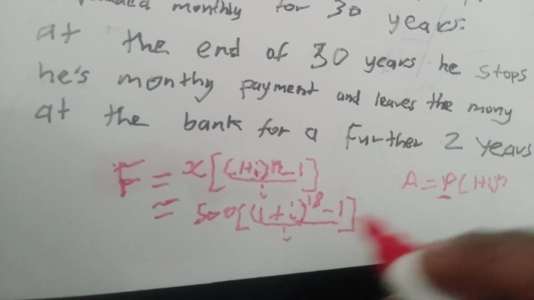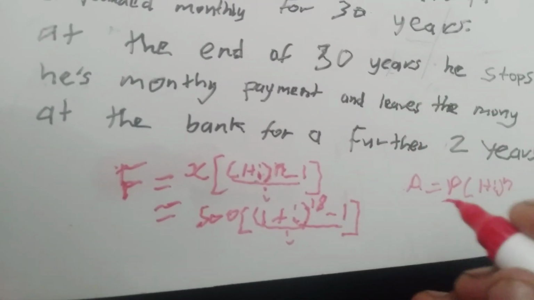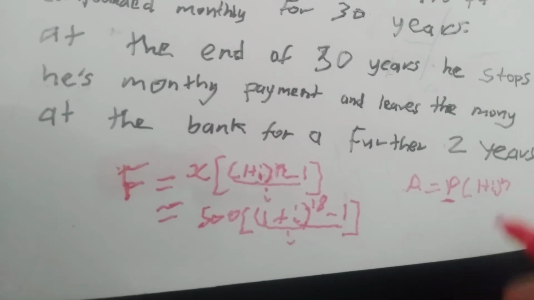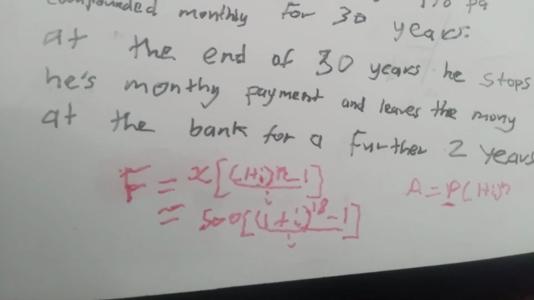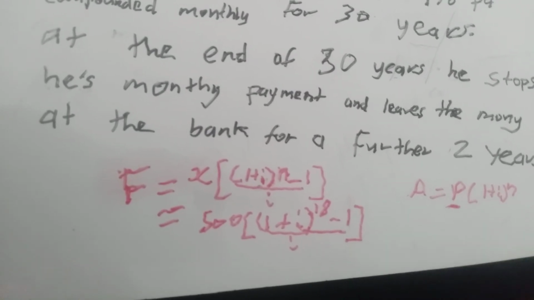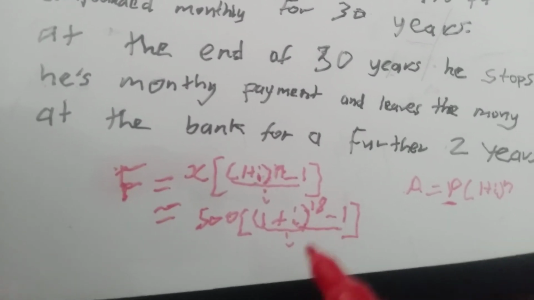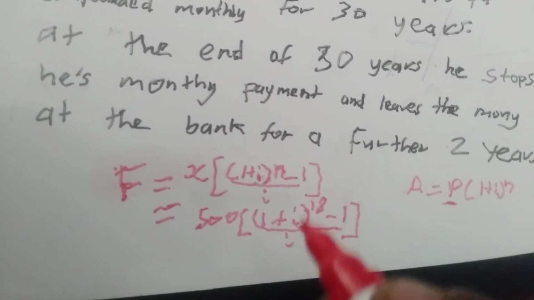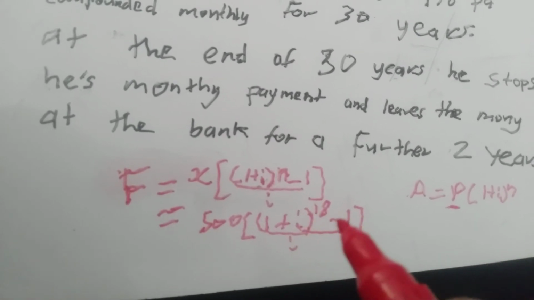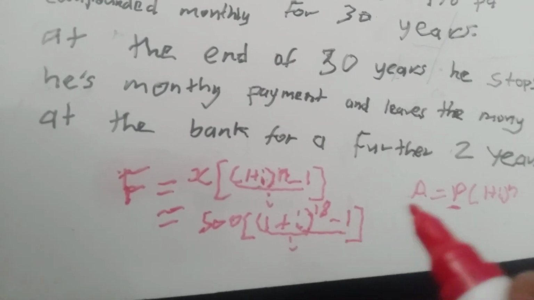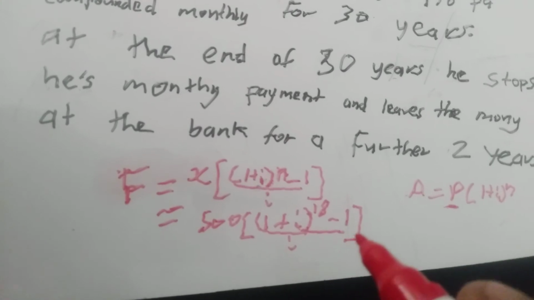I just didn't deal with it. I'll deal with it on this question written in black. And then for n, what should we put in place of n? The person is paying monthly, right, and then leaves his account to grow for a further 6 months, because he stopped paying when we used the future value, but he left the money at the bank, and the money continues growing.